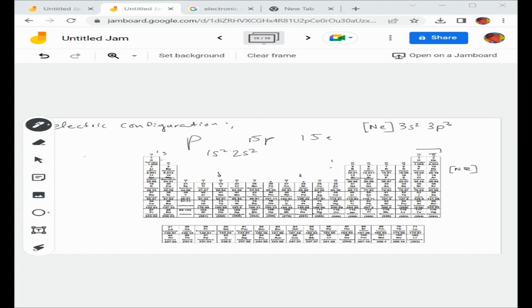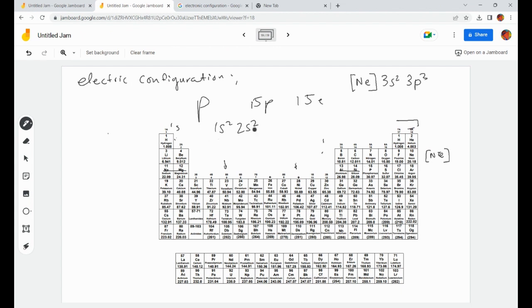2p. So it's wrong. Okay, I'm glad I said that. Let me get the Ne first. So Ne is 1s squared, and then the second one, 2s squared.